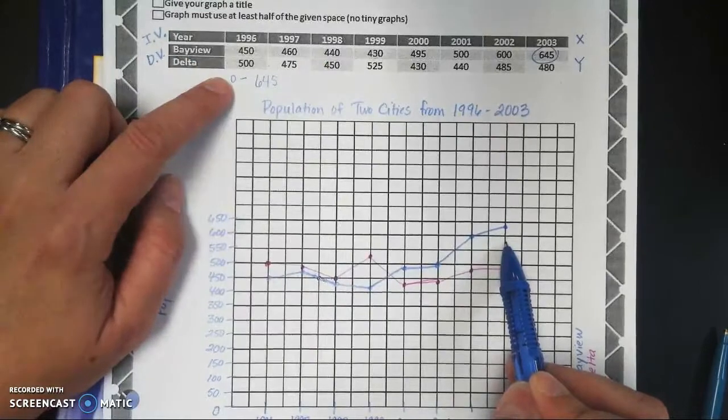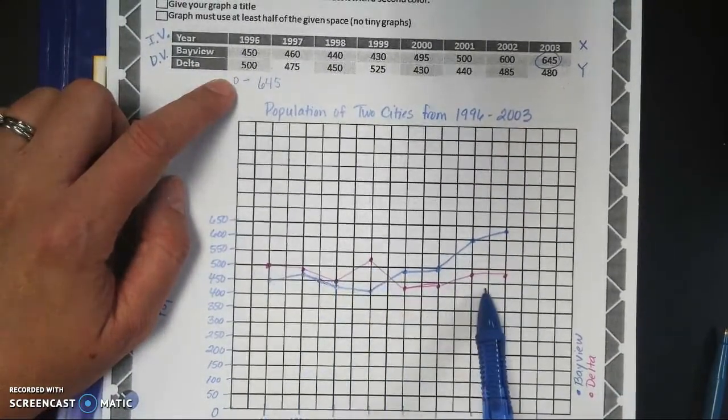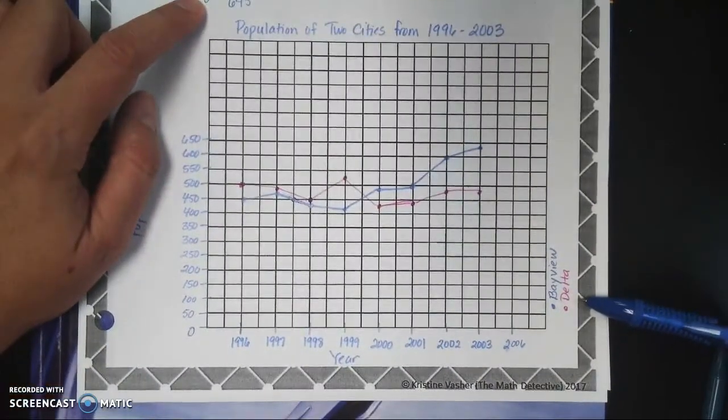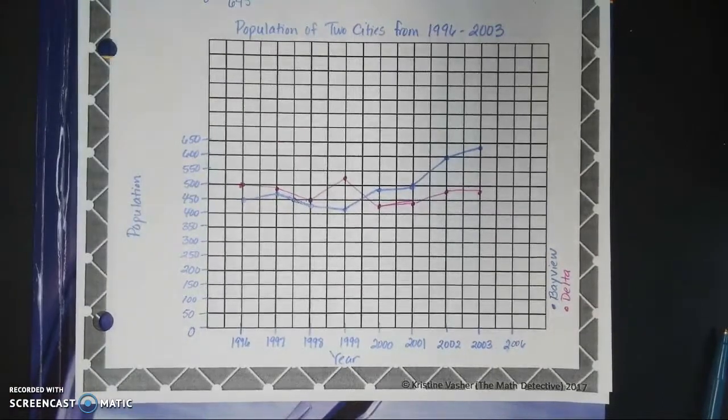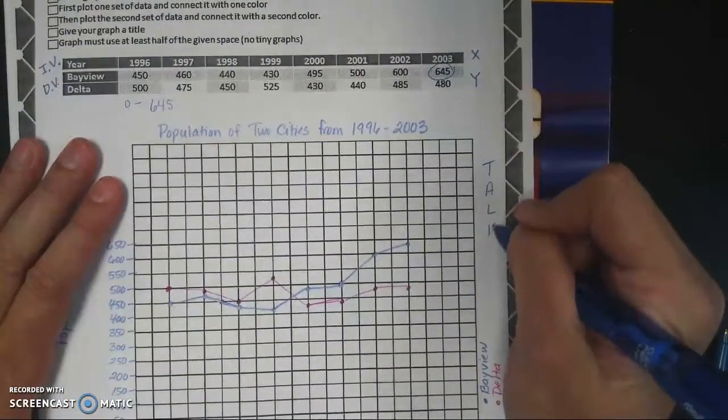I did the same thing with Delta, using a different color so that both of the lines on my graph would not be the same color. That way I could provide a key to distinguish between which population trend line was for Bayview and which one was for Delta. So finally, all you need to do is do your self-checks.